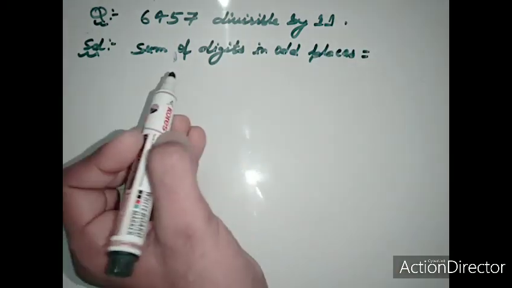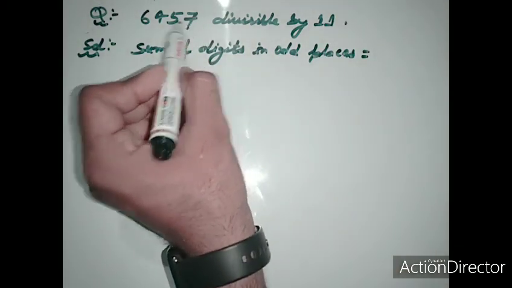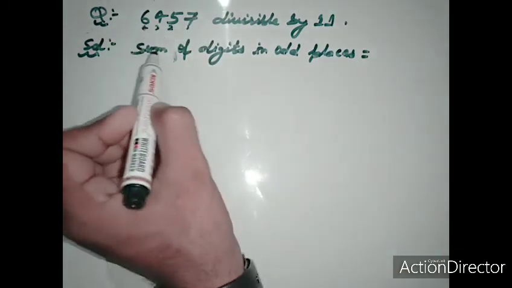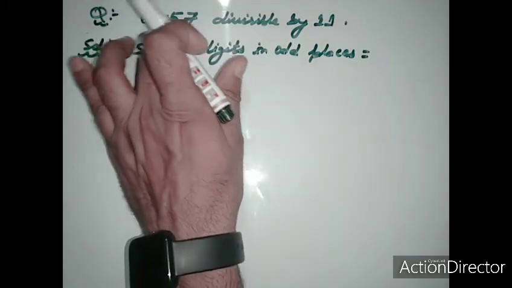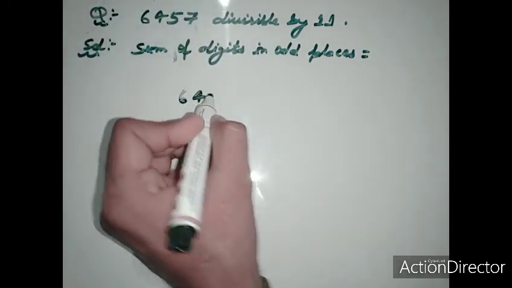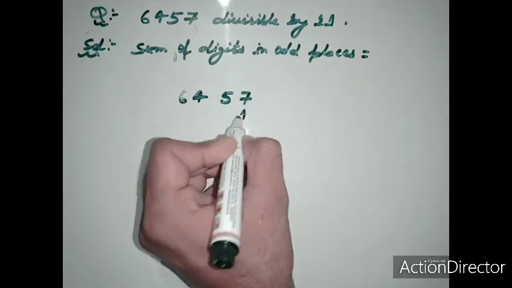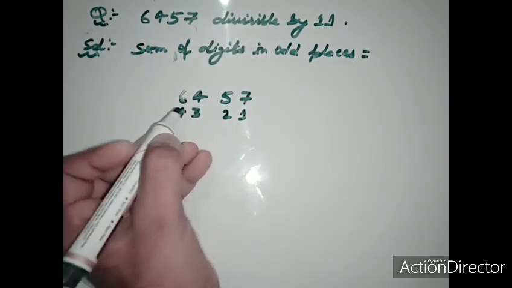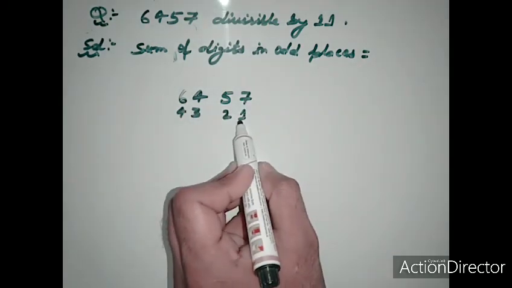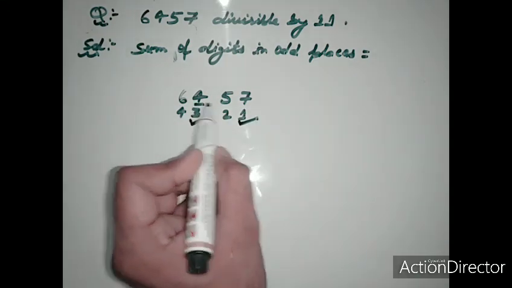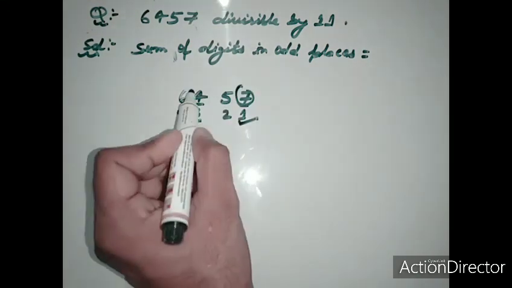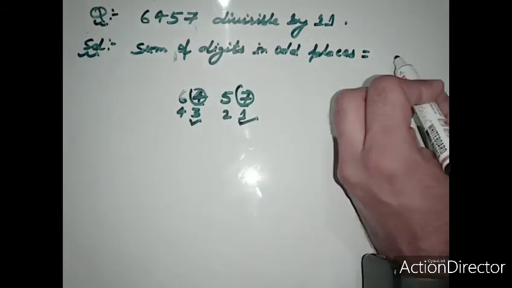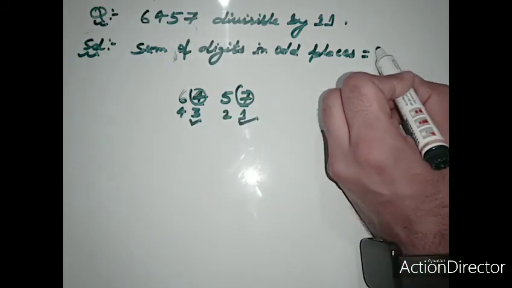So what is the meaning of odd places, right? If we write 1 2 3 4 here, and we write 6 4 5 7, so what are the odd places here? Like this 1 and 3, these are the odd places. So here we add these two numbers.